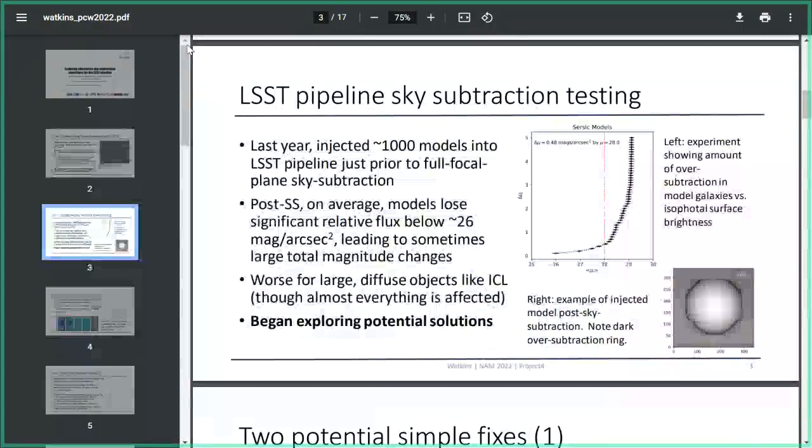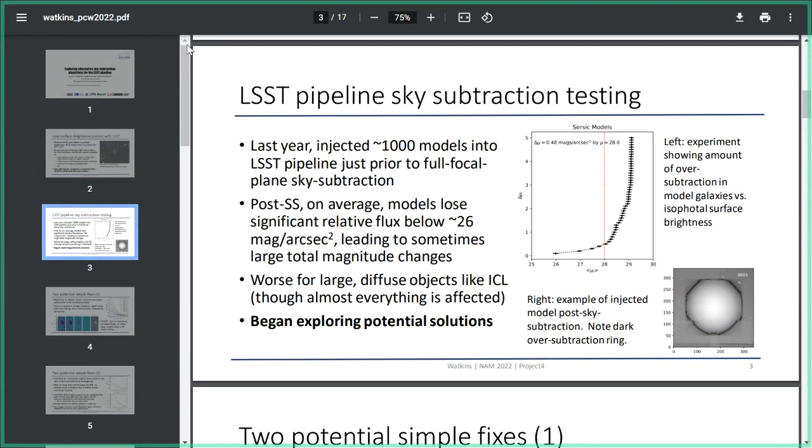So obviously, as Lee already mentioned, this all hinges on making sure that the LSB flux is preserved in the images. If it's not, we can't obviously do any of this stuff. So to that end, last year, we were working with DM to inject something like 1,000 or so models of galaxies into the pipeline just prior to the full focal plane sky subtraction, which Lee just mentioned.